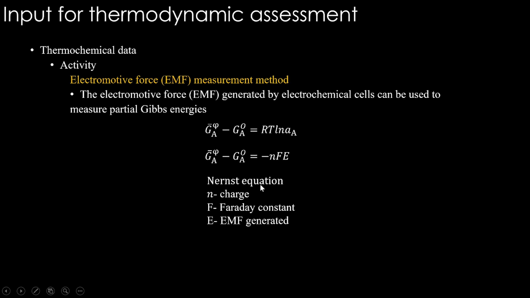And this is called the Nernst equation. We haven't seen this in the theory that we have seen for thermodynamics, because this is in a slightly different domain where electrical energy is used, the electric work is considered, and things like that. Through that, Nernst equation is developed and it is connected to the thermodynamic concept that we have seen, and this is how the electromotive force can be related to activity.